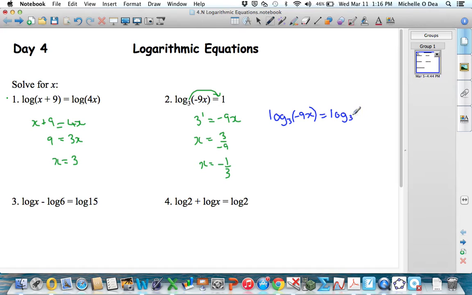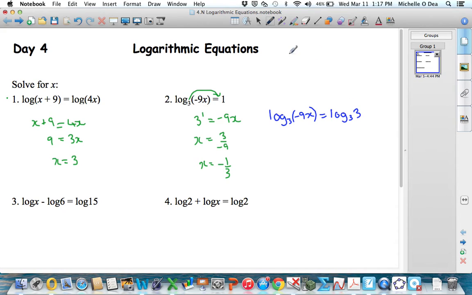Now the whole definition of a log is 3 to the power of something, and I want the answer to be 1. So I want it to be 3, because log base 3 of 3 to the power of 1 gives me the answer 1.